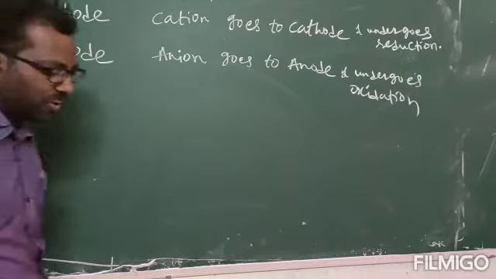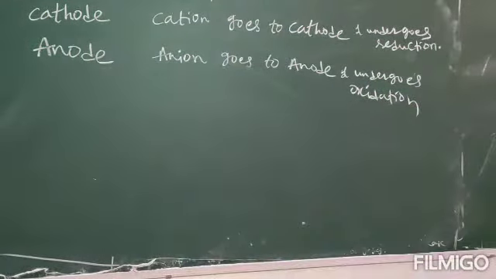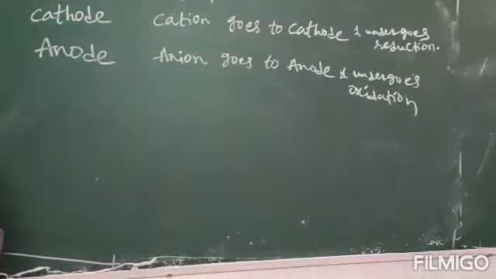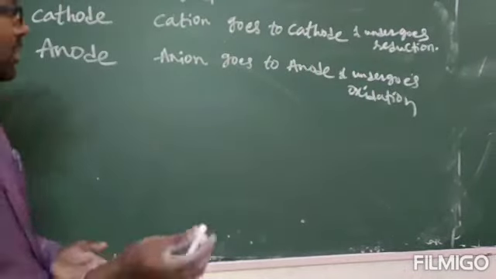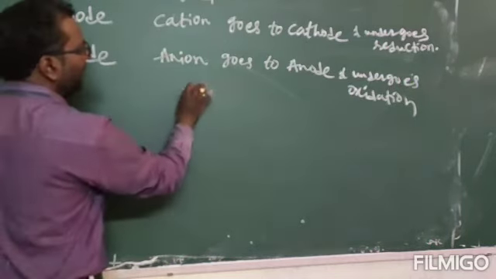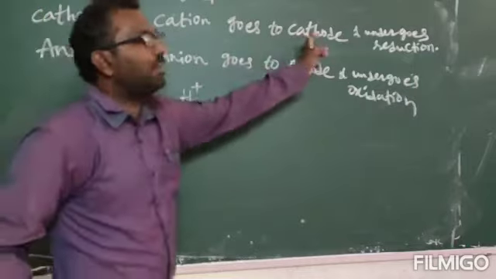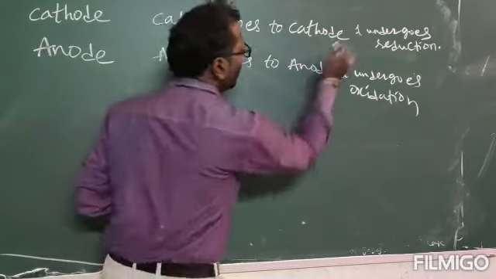Suppose they ask you, in a reaction, let us consider the electrolysis of water, where hydrogen gas is evolved. Hydrogen means H+. So plus is cation. Cation goes where? Cathode. So hydrogen gas is evolved at the cathode.